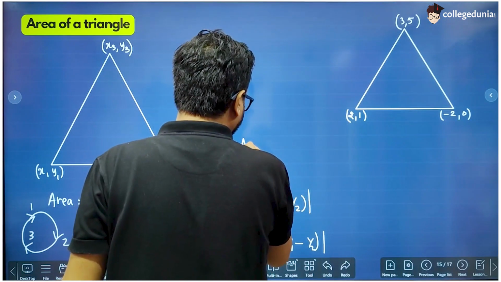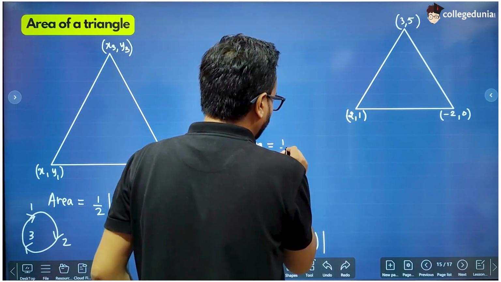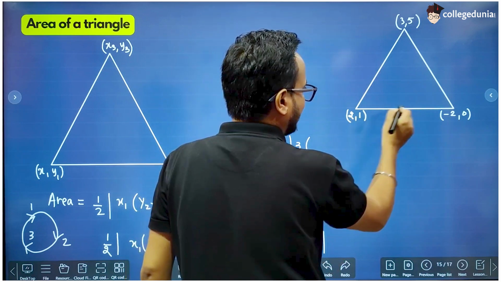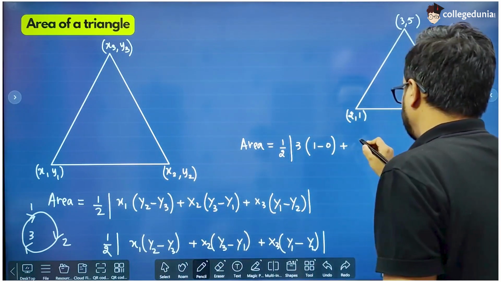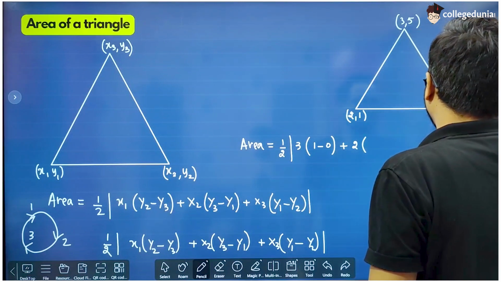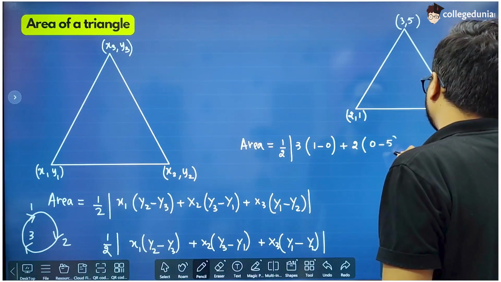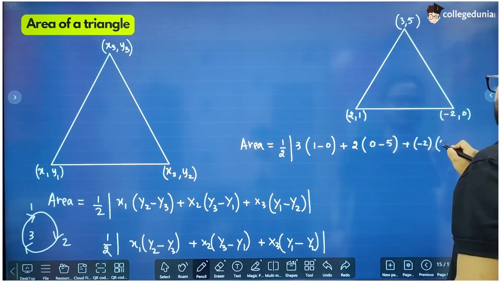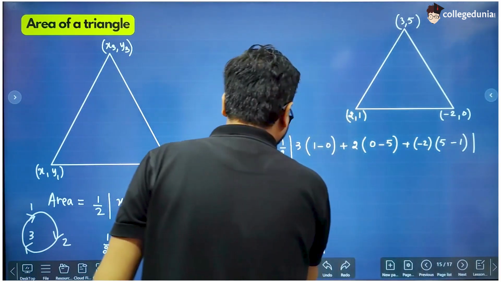So area is half mod of x1 (y2 minus y3) plus x2 (y3 minus y1) plus x3 (y1 minus y2). So this will be the area.